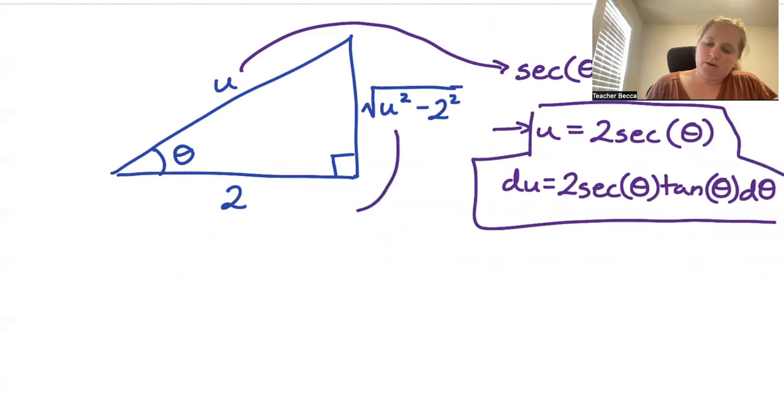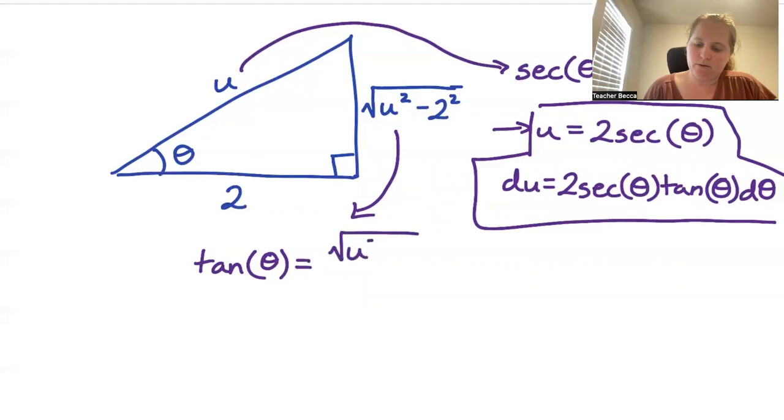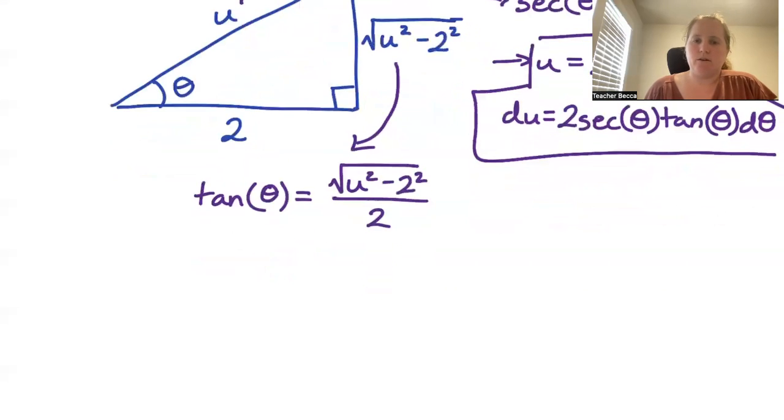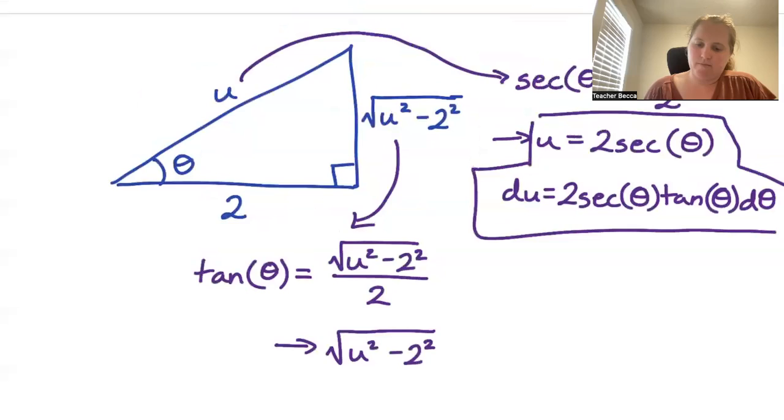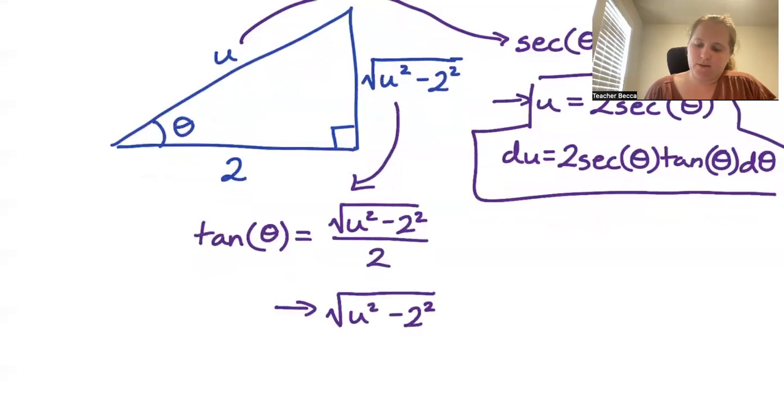And then the one involving the square root u squared minus 2 squared and 2 is tangent. So we have tangent of theta is equal to the square root of u squared minus 2 squared all over 2, which tells us that the square root of u squared minus 2 squared is equal to 2 times tangent of theta.